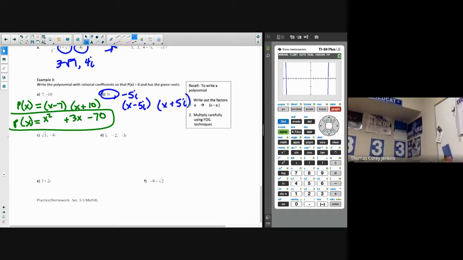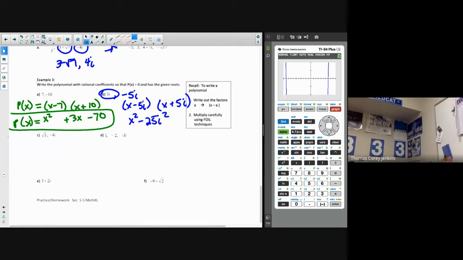Let's think through this one. x times x is x squared. You've got 5i times x, and then negative 5i times x, so those cancel each other out. Our last term would be negative 25i squared.